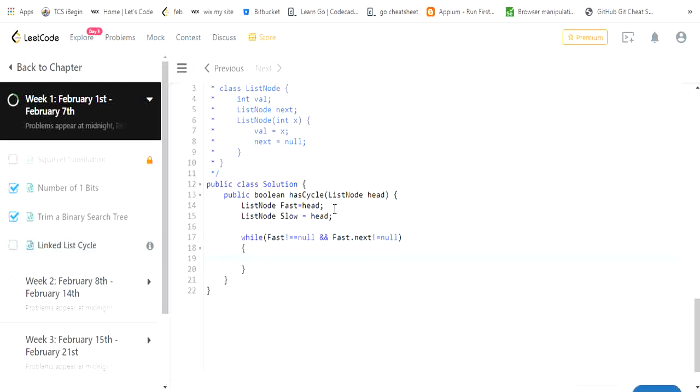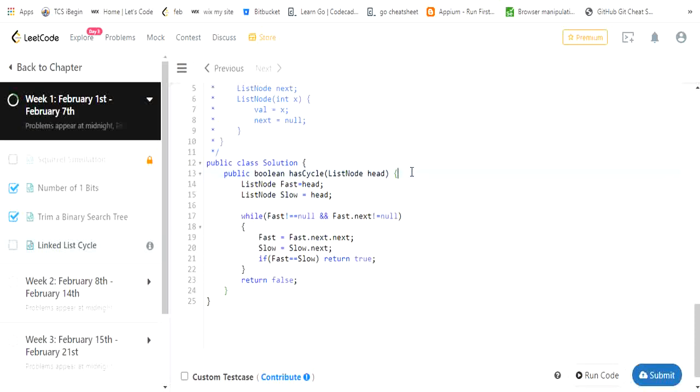They are going to iterate: fast is equal to fast.next.next as it moves two steps ahead, and slow is equal to slow.next as it moves one step. And inside we are going to check if fast and slow collide with each other, and return true. If not, return false.